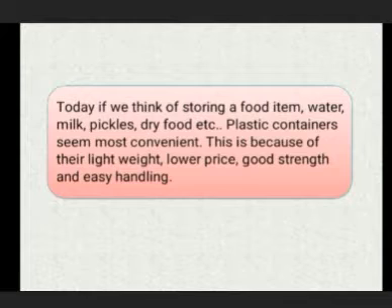Today, if we think of storing a food item, water, milk, pickles, dry food, etc., plastic containers seem most convenient. This is because of their lightweight, lower price, good strength, and easy handling.